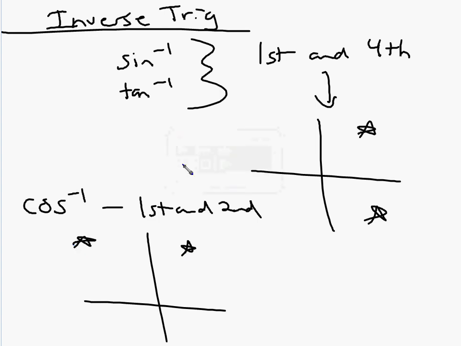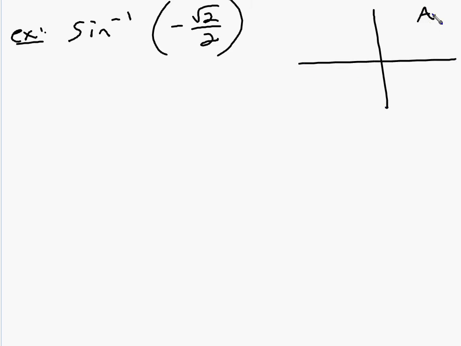So if we are given a problem like this one, evaluate the inverse sine of negative radical 2 over 2. Well, before we do this problem, one other quick review. Remember this?